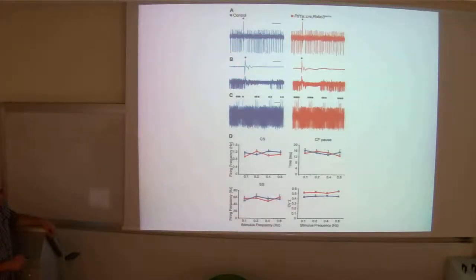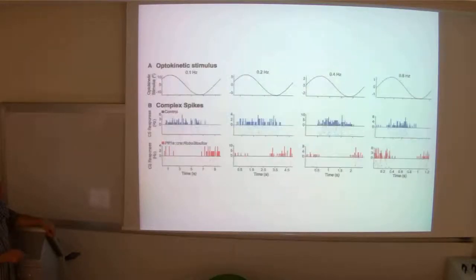And you see that after a complex spike, you have a pause, so the cell doesn't fire for some time, and then starts to spike. And these are similar. So not only on the anatomical level, also on the physiological level, the cells behave normally. Okay? So the knockout doesn't screw up things.